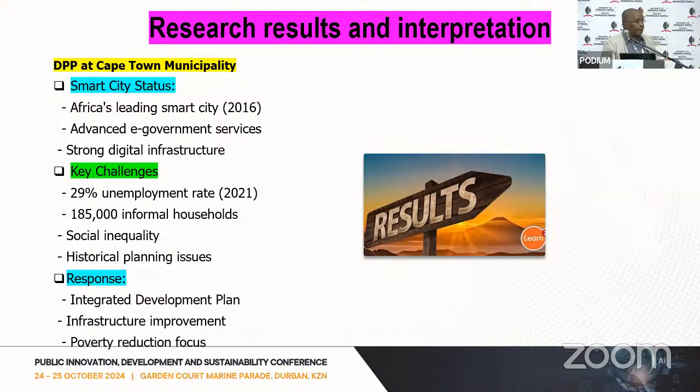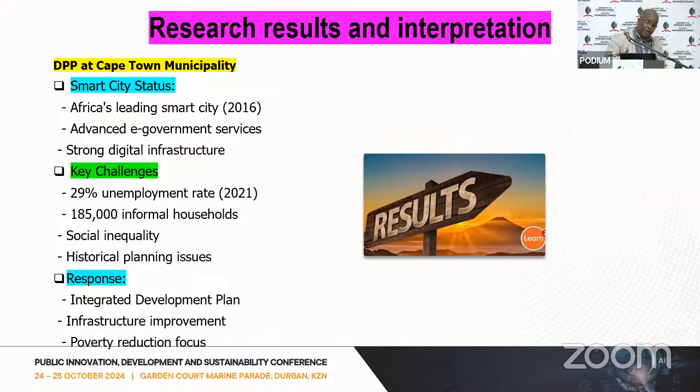Therefore, this paper talks about the digital platforms which also take into account the digital infrastructure. What are some of the challenges? When we talk about digital spaces, especially when we locate them within the realm of making sure that people engage, we even go beyond that, to make sure that the utilization of this platform also solves the problems which the city itself is struggling with.